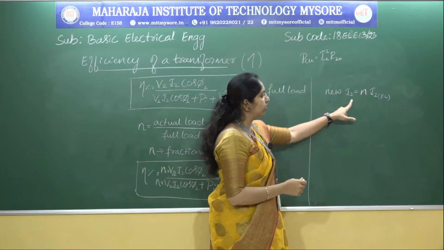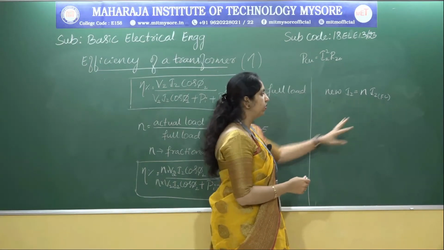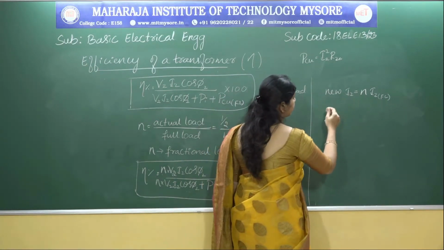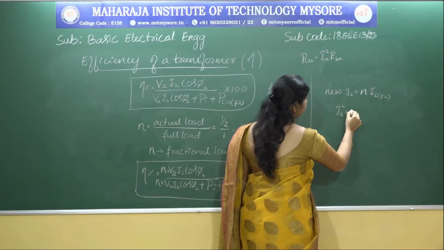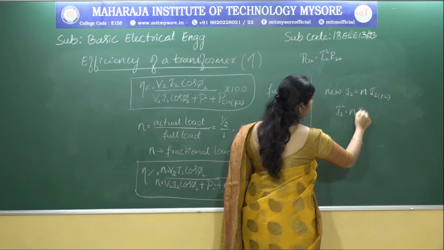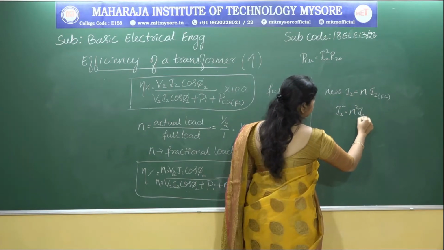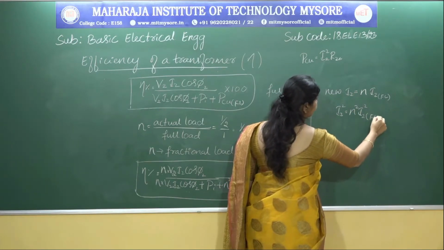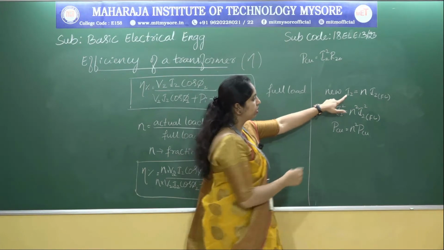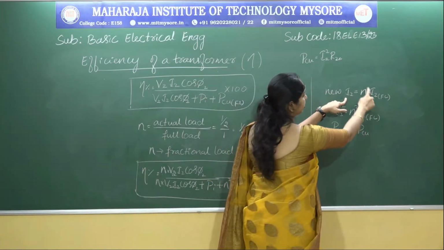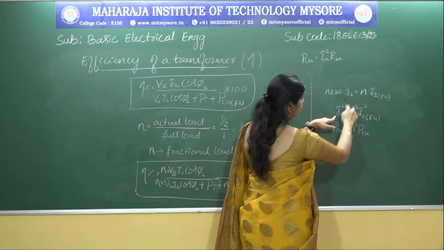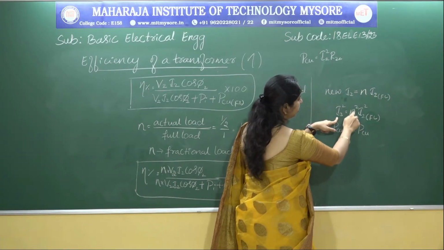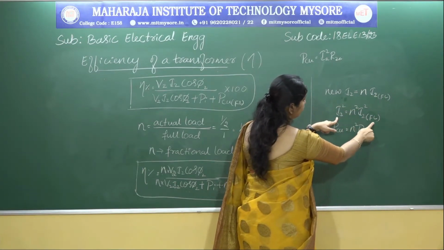So I2 is equal to n into I2 full load, and if we square this, we get I2 square is equal to n square into I2 square full load, right?